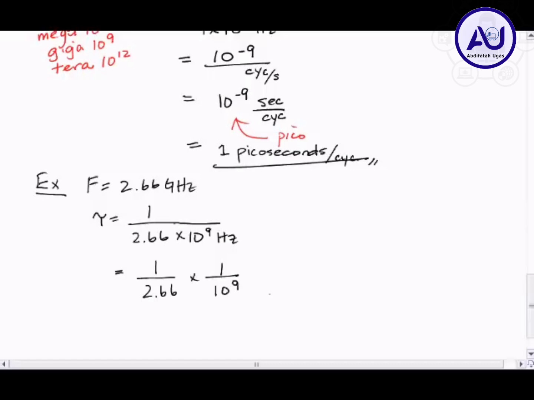And I'm going to take my units at this point and change it to seconds per cycle.